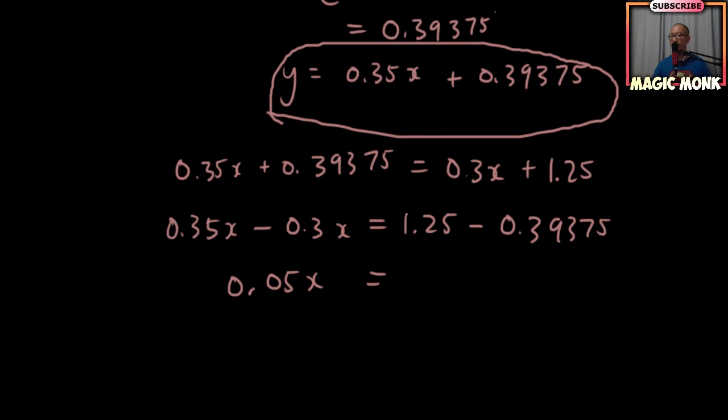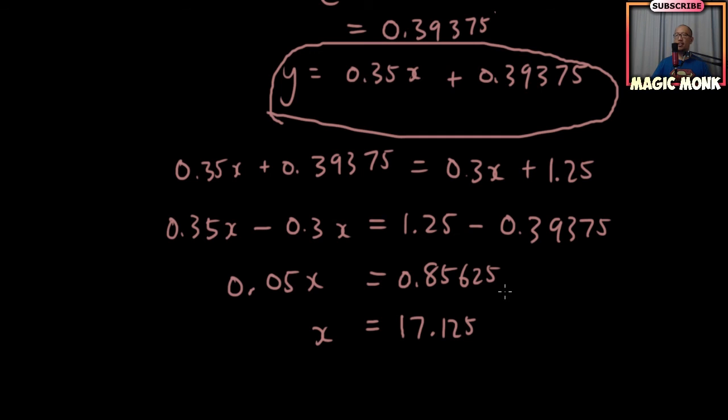And the right-hand side, let me type that into the calculator. 1.25 minus 0.39375 will be 0.85625, and x is equal to, so divide that by 0.05, 17.125. So the two lines will intersect at x equals 17.125.